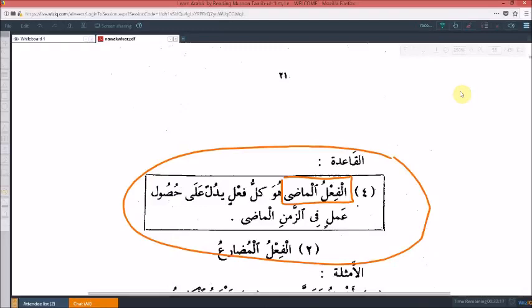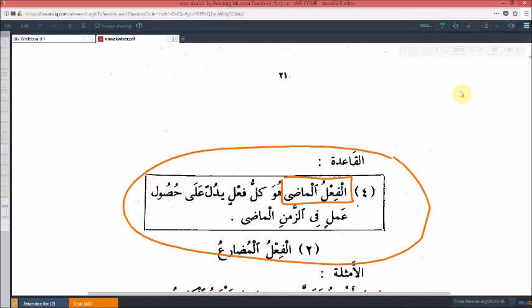It's every verb that points to the doing of an action in the past tense. So a past tense verb is something where the action took place in the past.